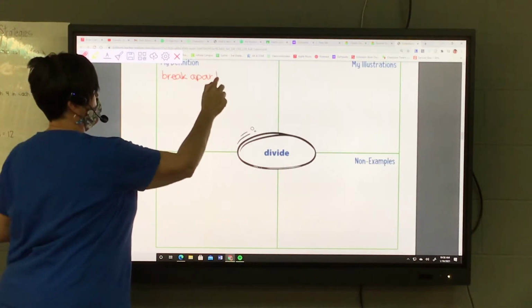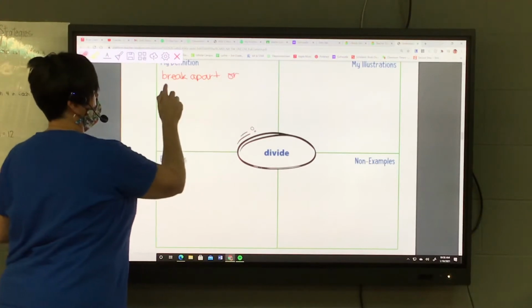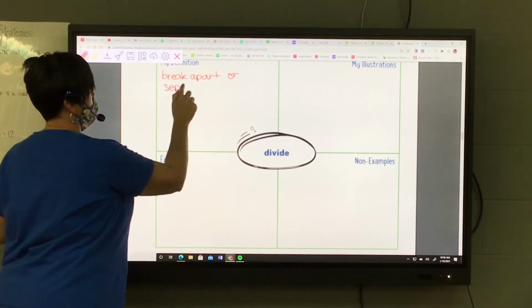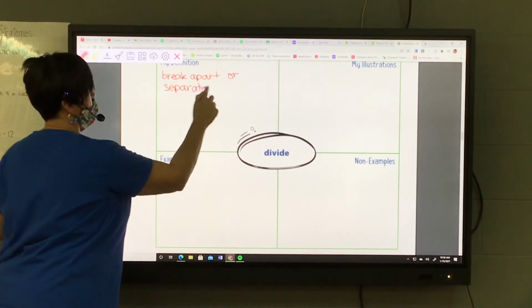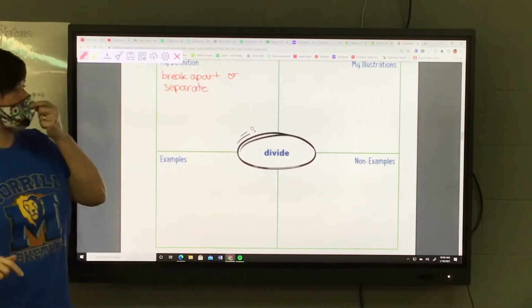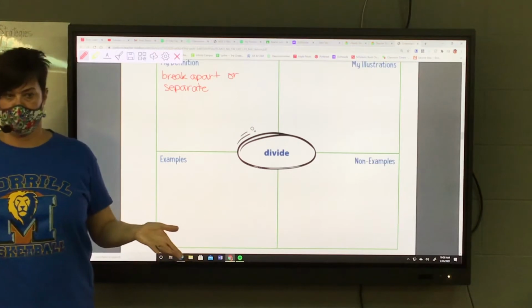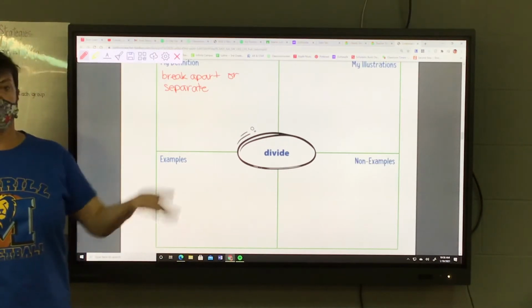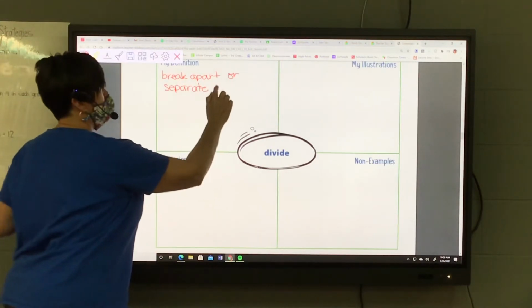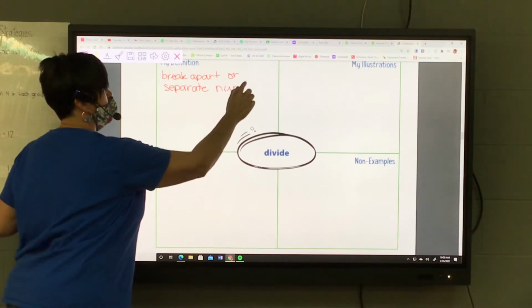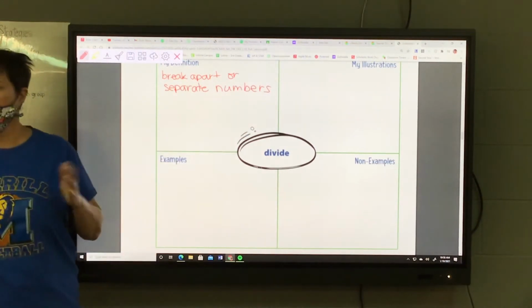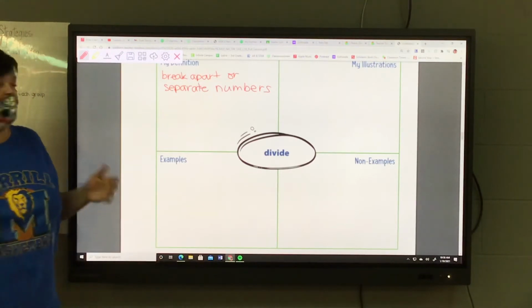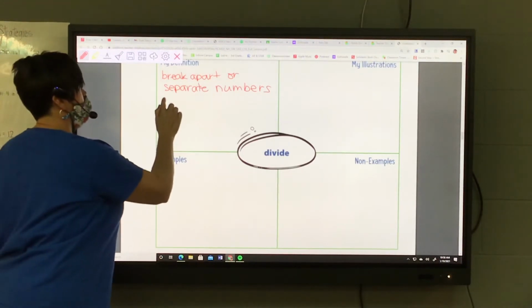You don't have to write both of them. Separate. I had to think about how to spell that. Break apart or separate what? Numbers. Break apart or separate numbers into what, friends? Equal groups.